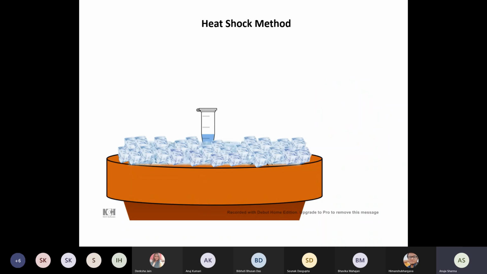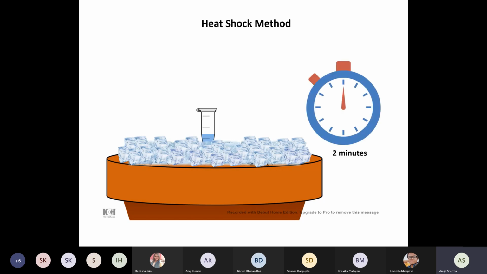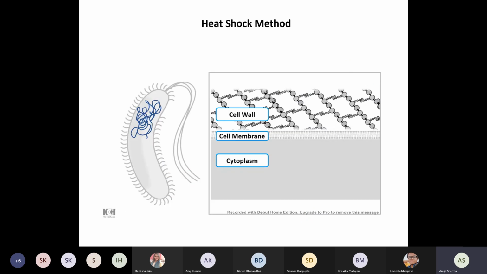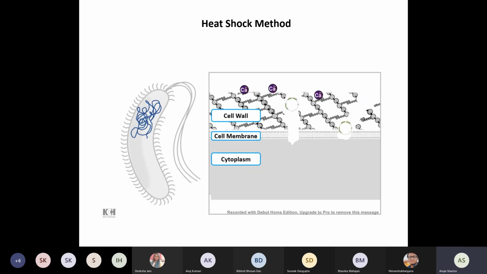So the temperature changes from 4 degrees to 42 degrees centigrade for a brief time, and then back to 4 degrees centigrade. This creates a heat shock. After 2 minutes of incubating in the ice, there would be transient pores in the bacterial cell membrane and the cell wall, and that would allow the plasmid to get inside the bacterial cell.